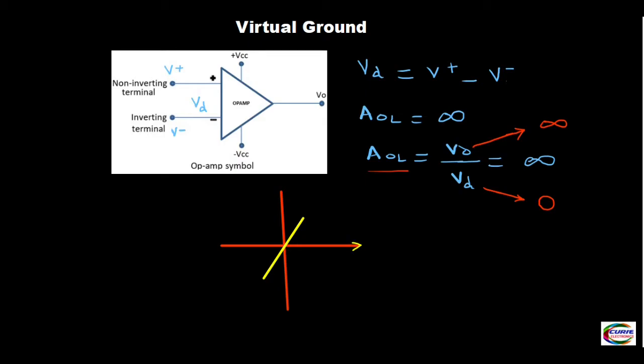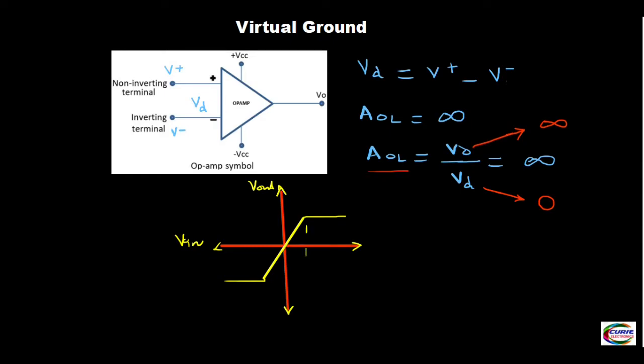This is the V in, and this vertical or y axis is the V out. Now, this is the linear region.